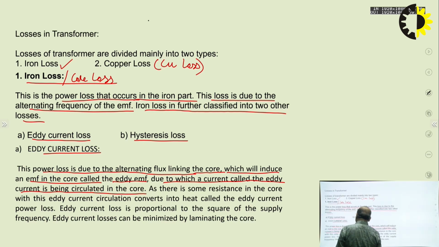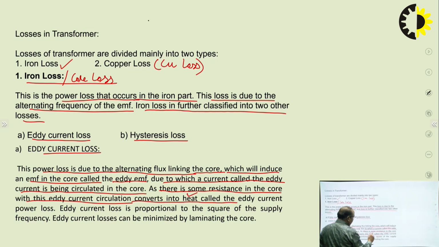There are circulating current paths through which this eddy current circulates in the core, as there is some resistance in the path offered by the core. So due to this eddy current, losses will take place in the form of heat, and those are known as eddy current losses, a power loss. Eddy current loss is proportional to the square of the supply frequency.